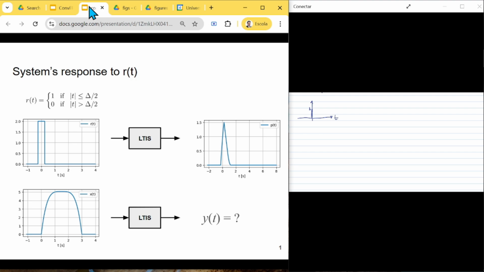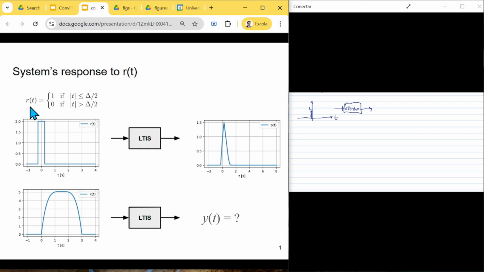But this signal would have no energy, it would have no momentum, no area, it would input no energy to a system, so the output would be basically 0. So we have to define something different here for continuous time systems.